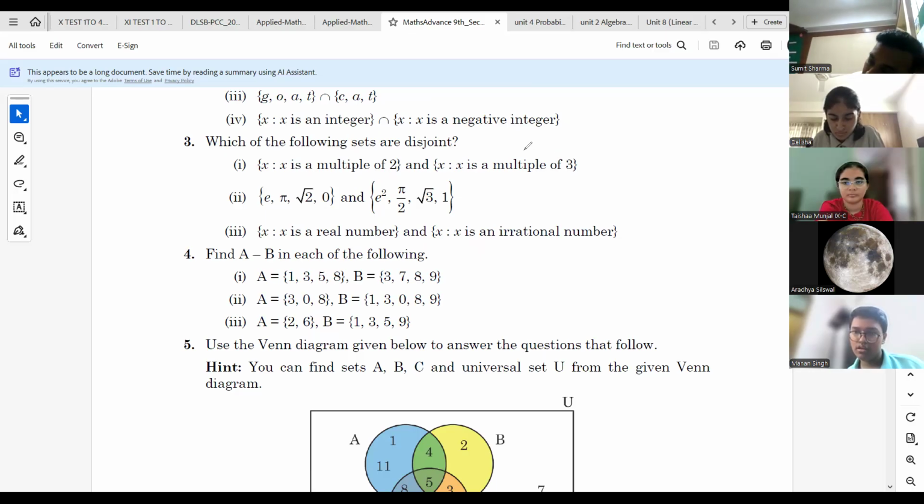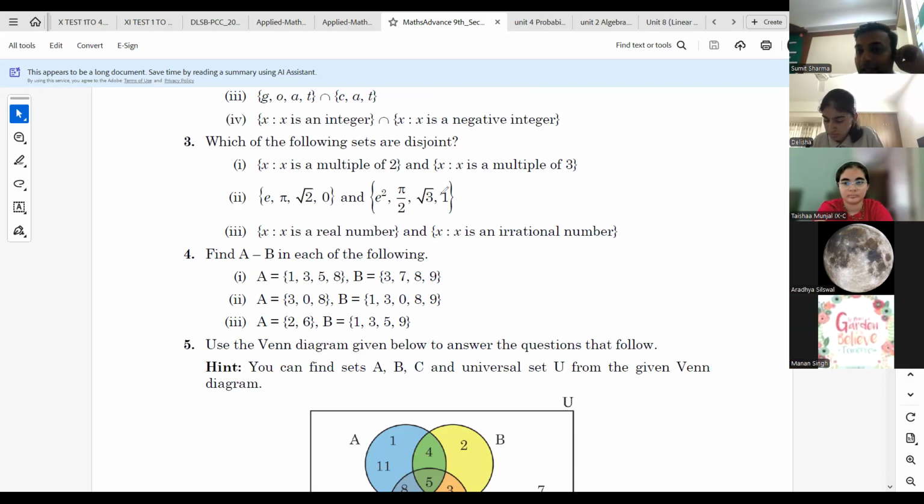The first set is multiples of 2, that is 2, 4, 6, 8, 10 and so on. And multiples of 3 are 3, 6, 9, 12 and so on. So there are many numbers common between the multiples of 2 and multiples of 3. One is 6, then another is 12, then we have 18, 24 and so on. There are many numbers, which means these are not disjoint, because they have common elements between them.